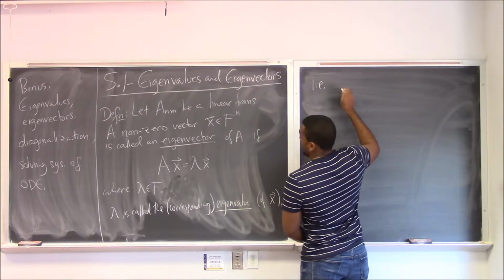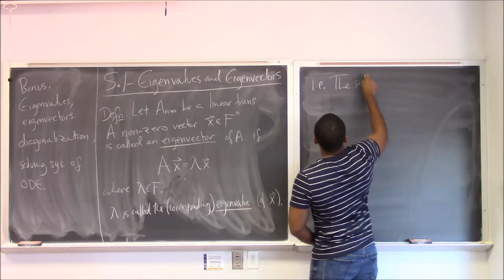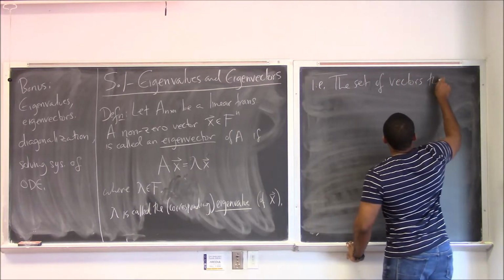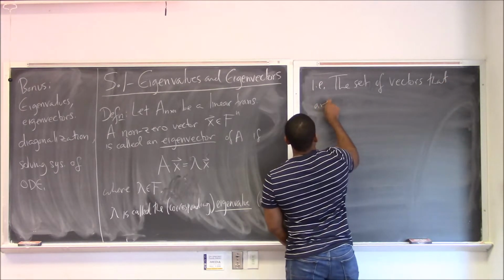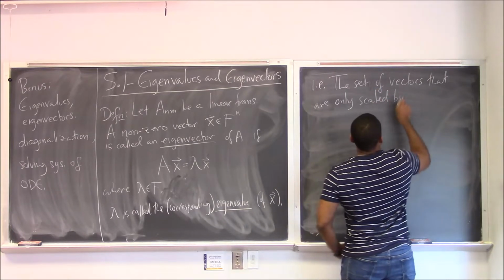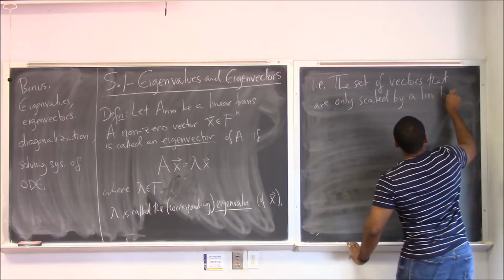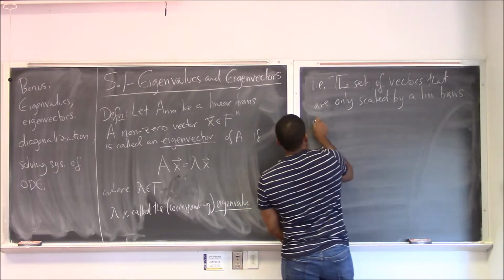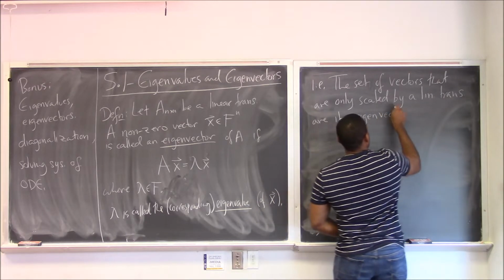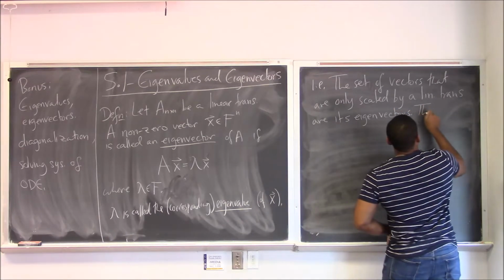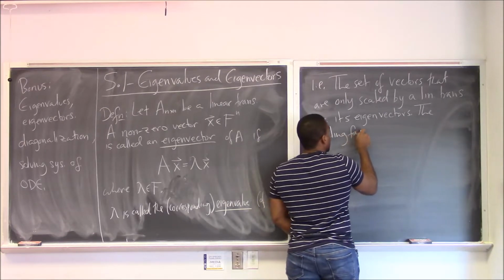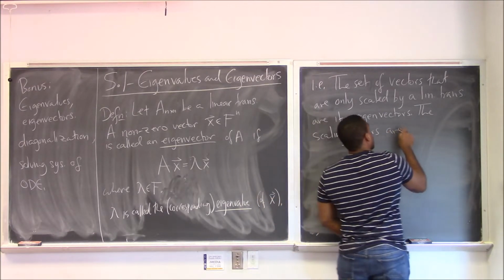I.e., the set of vectors that are only scaled by a linear transformation are its eigenvectors. The scaling factors are the eigenvalues.